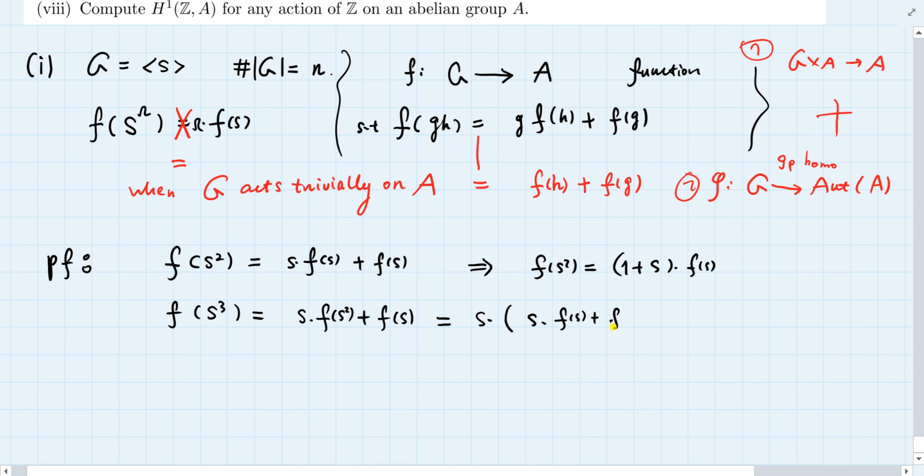You can write even more clearly, as what we write here, (1 minus S) multiplied by F(S) plus F(S). It is (1 plus S plus S squared) F(S). By induction, it's obvious. We got what?